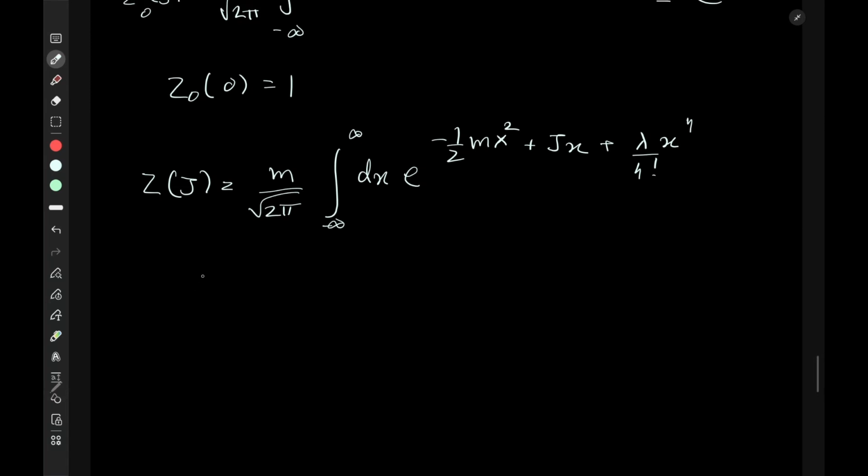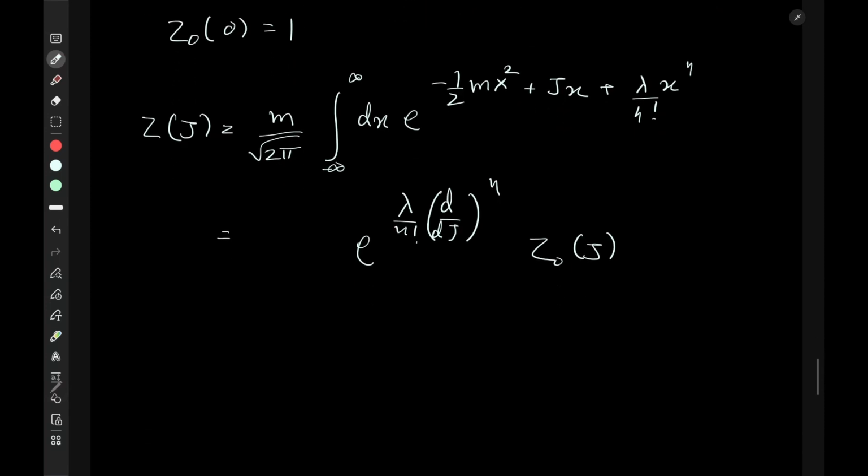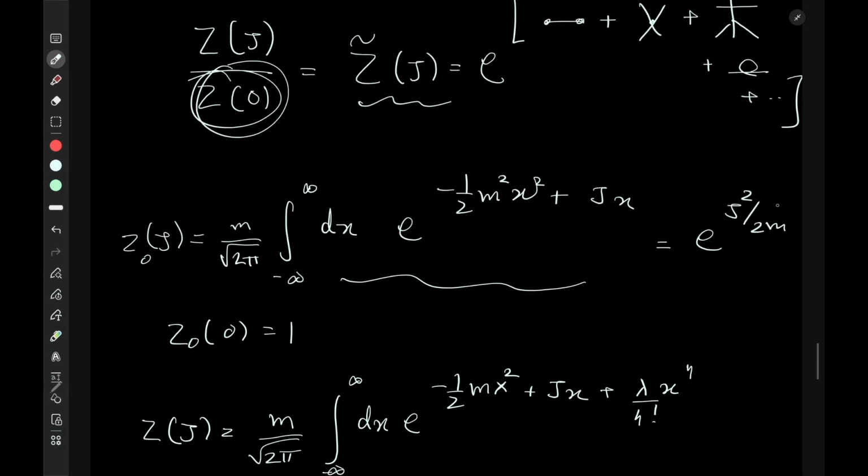Yeah, so this we wrote as e to the power lambda over 4 factorial times d over dJ to the power 4 acting on Z naught of J, where Z naught was the one that we could integrate, the Gaussian, which was e to the power J squared over 2m squared.